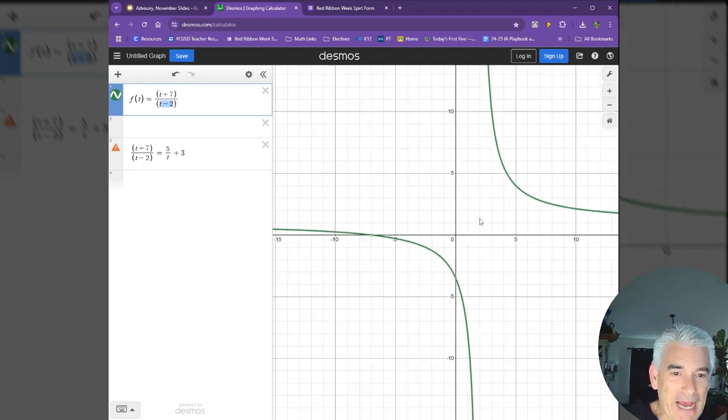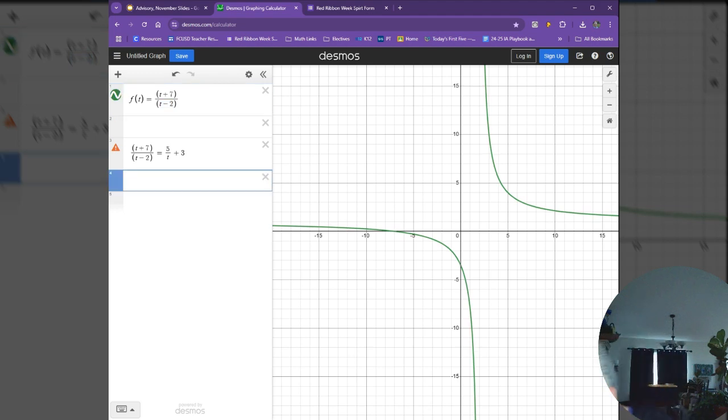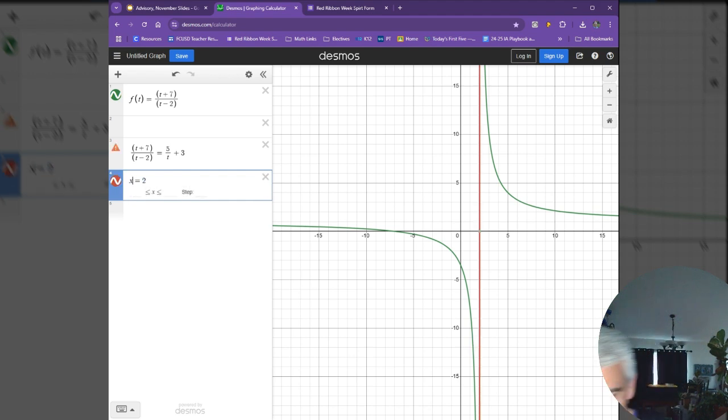If you look at our graph at t equals 2, on one side of the graph, one branch of this, it's going up to infinity on the right side of t equals 2. And on the left, let me do x equals 2.